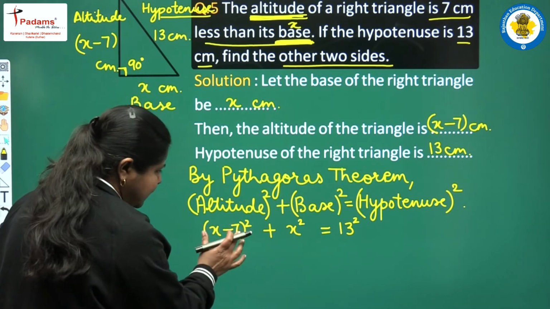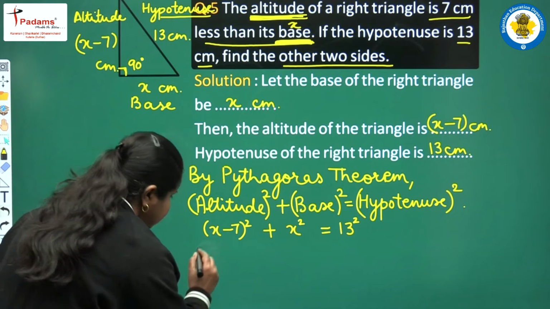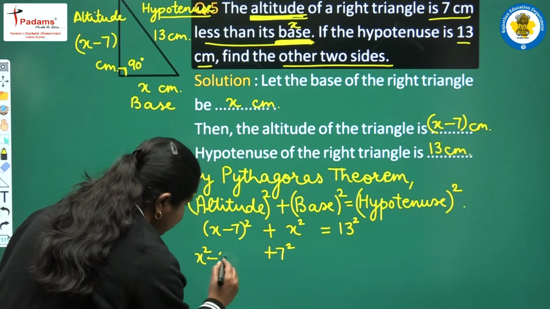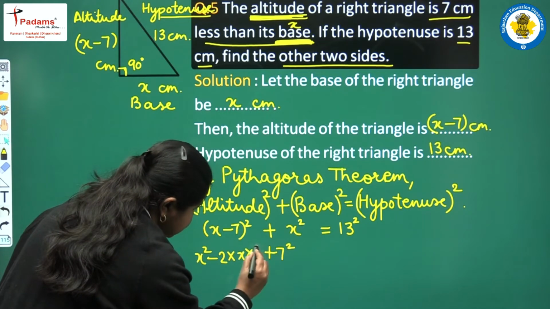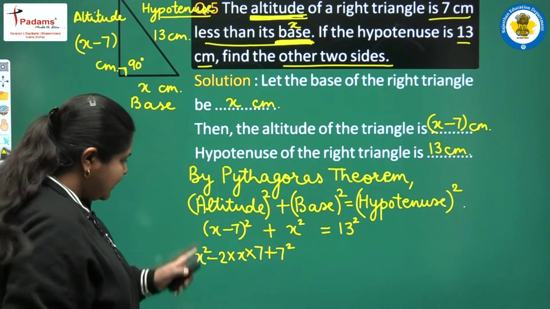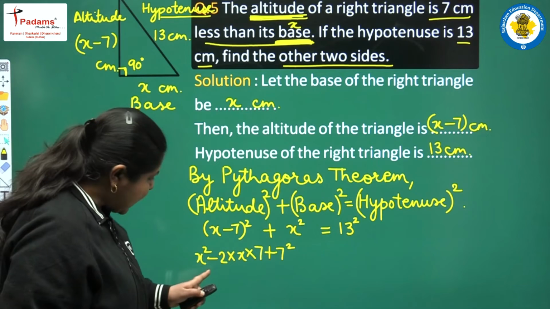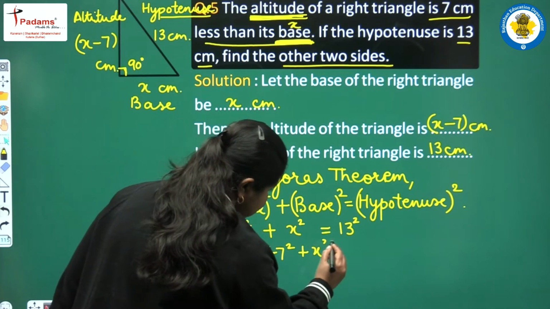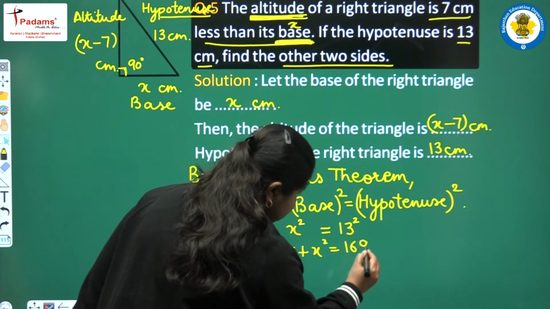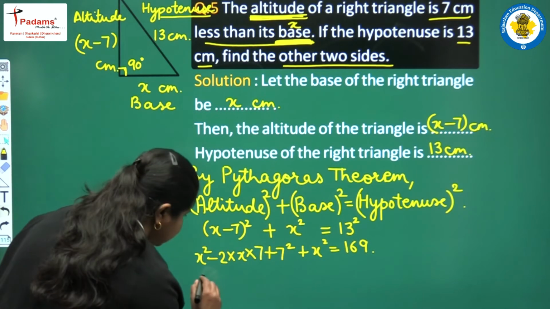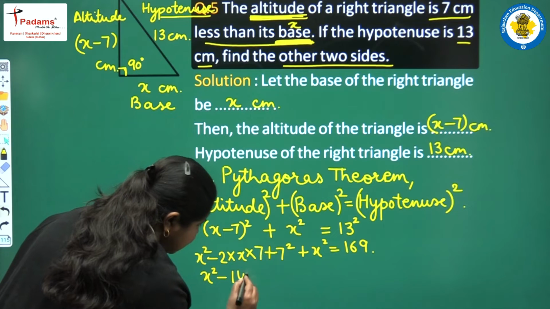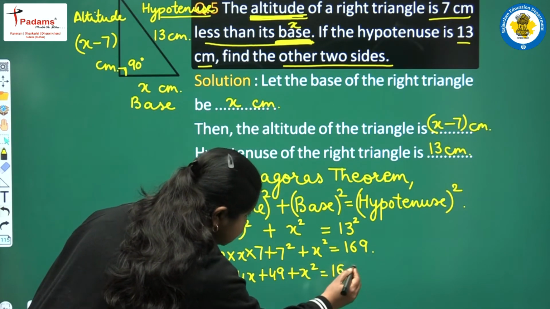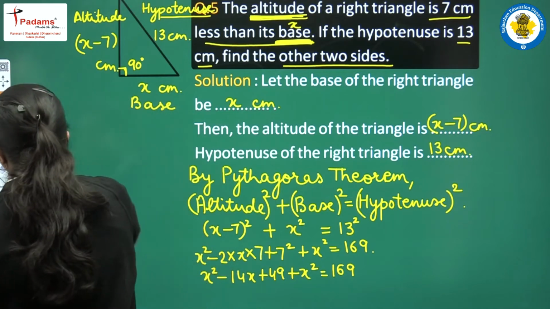Now open this square term, expand it, ये हो जाएगा x square, यहाँ पर सेकेंड टर्म स्क्वायर और बीच में दोनों को 2 से मल्टीप्लाई करेंगे. ये आप जानते हैं सेकेंड एल्जेब्रिक आइडेंटिटी से. फर्स्ट नंबर स्क्वायर, सेकेंड नंबर स्क्वायर, -2 into both the numbers x and 7 plus x square equal to 13 square is 169. Now this will give you x square minus 14x plus 49 plus x square equal to 169. We can solve it further.